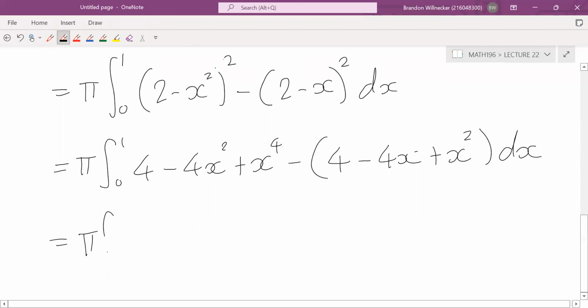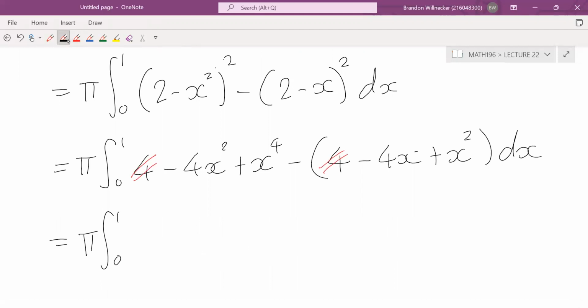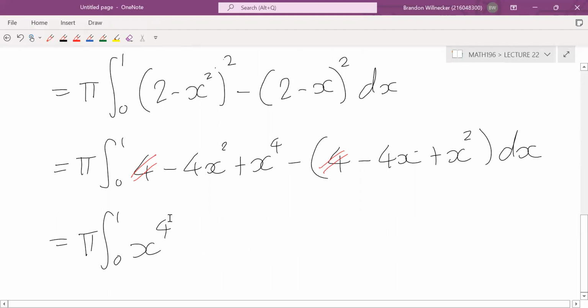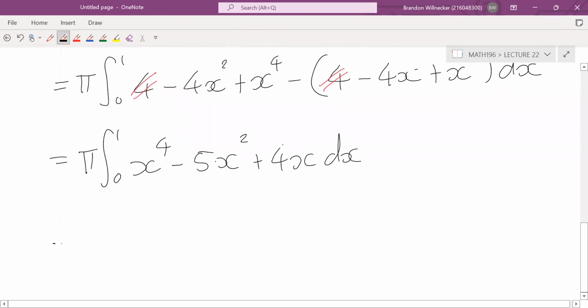So 4 minus 4, that goes away. We're left with x to the 4 minus 4x squared minus another x squared, that's minus 5x squared, and then plus 4x dx. So this is just a polynomial that's easy to integrate.